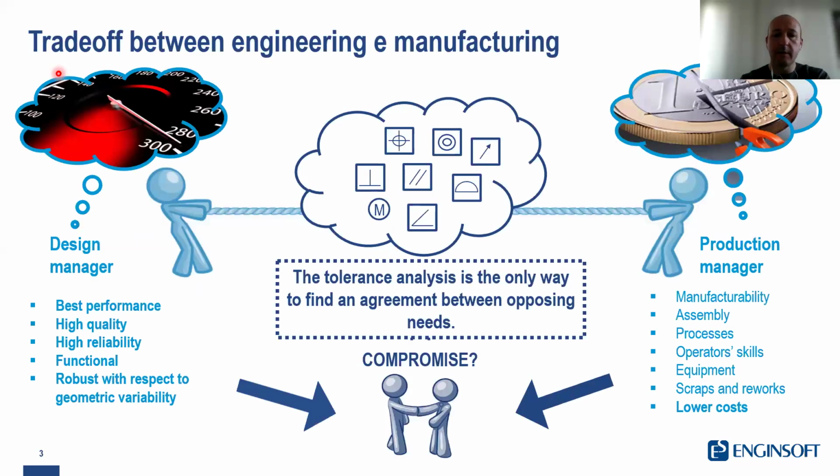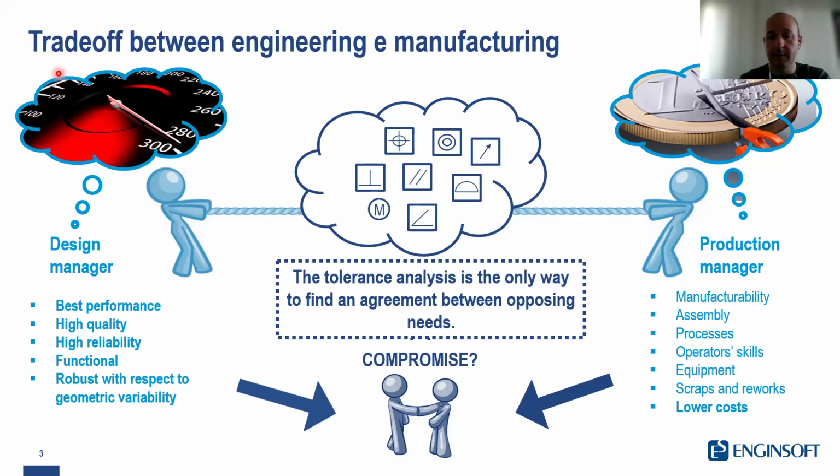And those different requirements are related to the need from the design point of view to obtain high performances of our product. But on the other hand, we need to find a compromise with the requirements from the manufacturing processes, because from the design point of view, the tolerances must remain as small as possible to obtain the best performances related to our product and to obtain the best quality related to the products that we need to develop.